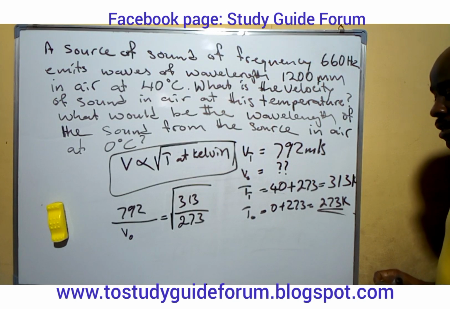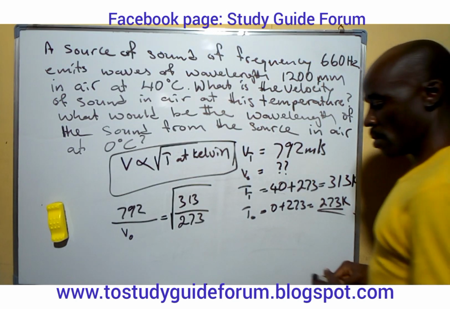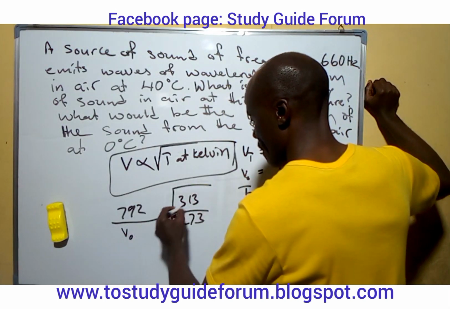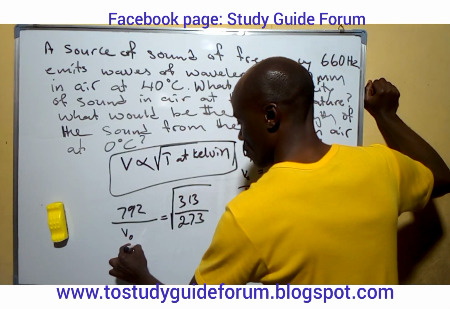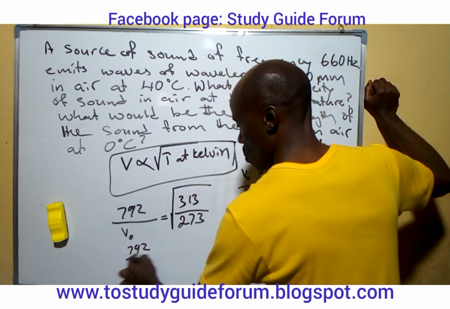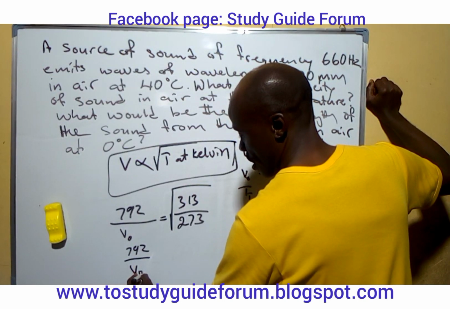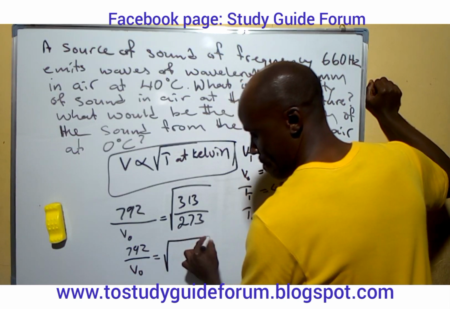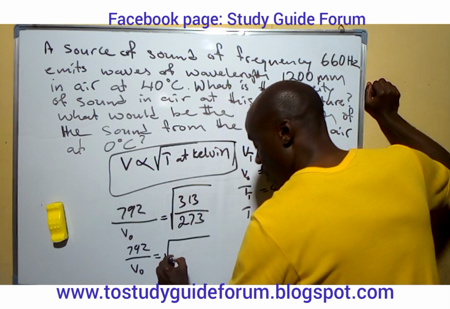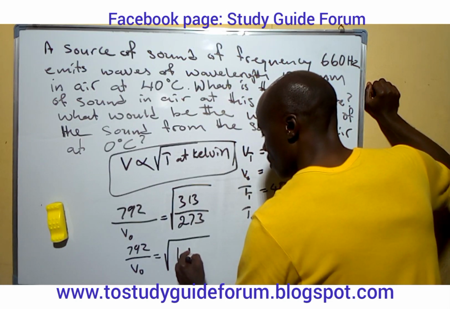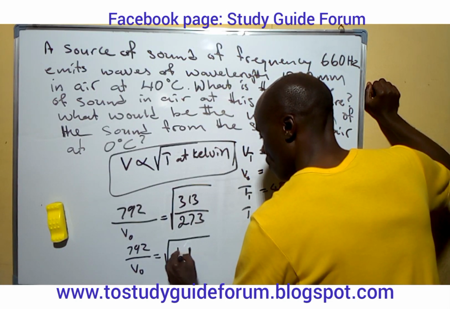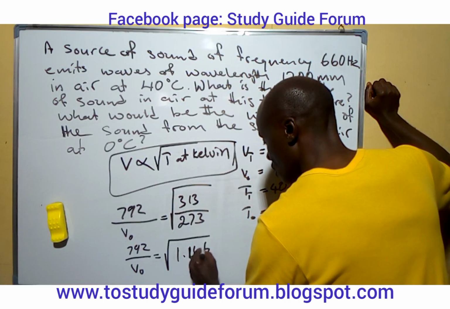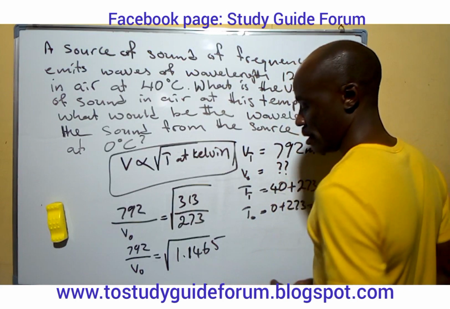If we divide them, we have 792 over V0 equal to approximately 1.1465.